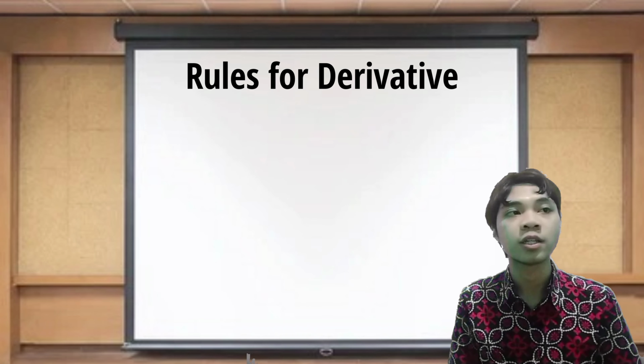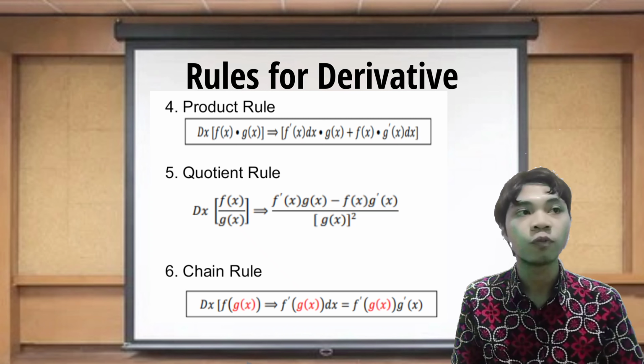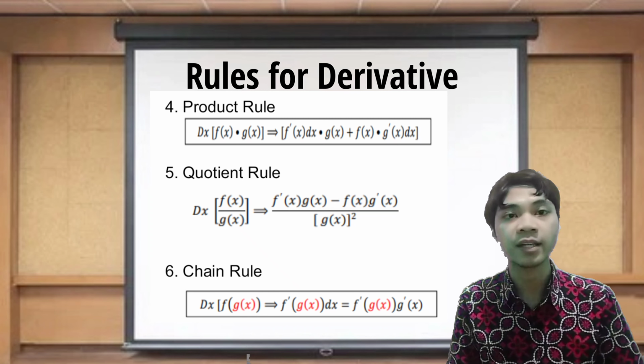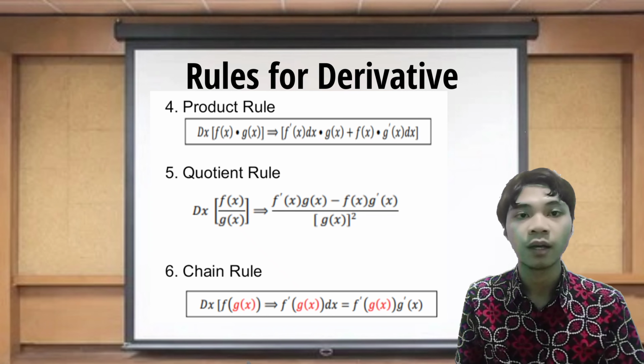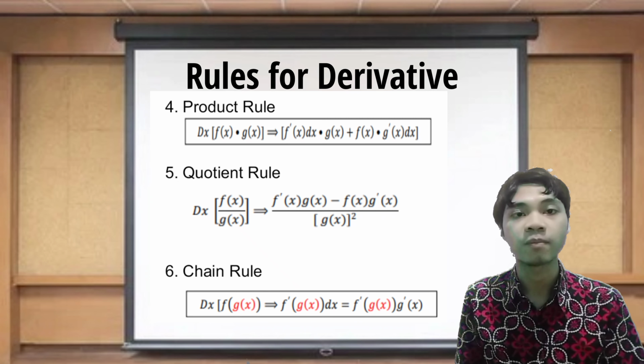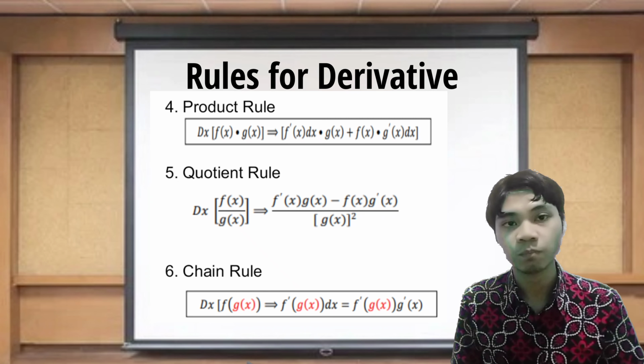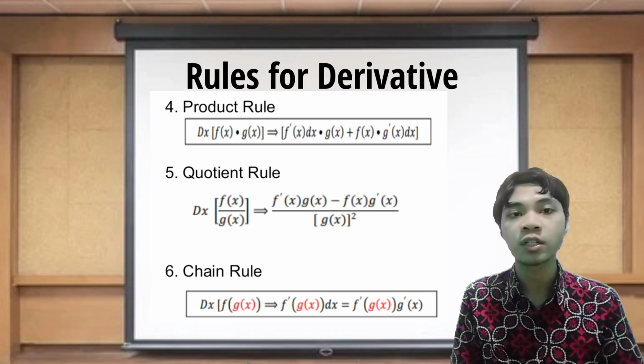And number 4 is product rule. If we have f(x) times g(x), the derivative of f(x) times g(x) is f prime x times g(x) plus f(x) times g prime x. Number 5 is quotient rule.